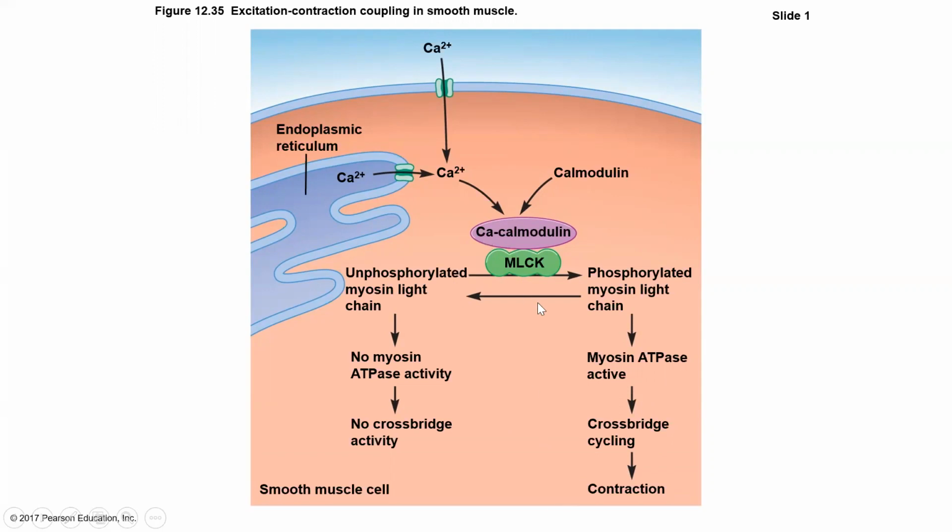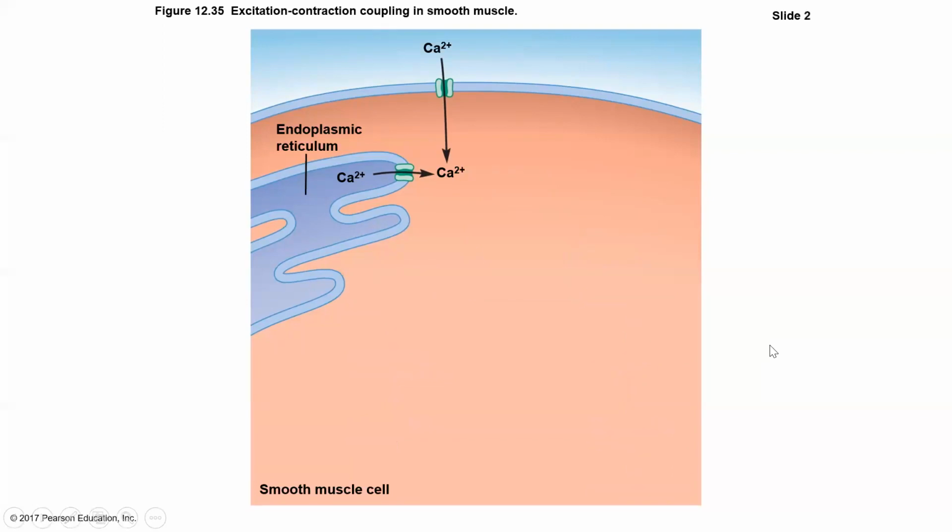On the other hand, we've got phosphatases; you can write in here, this should be phosphatases. Phosphatases are going to remove the phosphate from the myosin head. That is going to result in no myosin ATPase activity, and that is going to cease cross-bridge cycling and cease muscle contraction, okay?